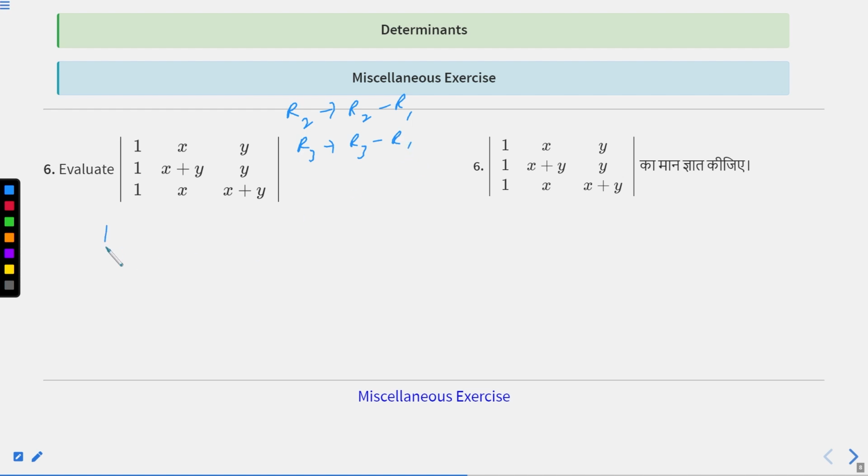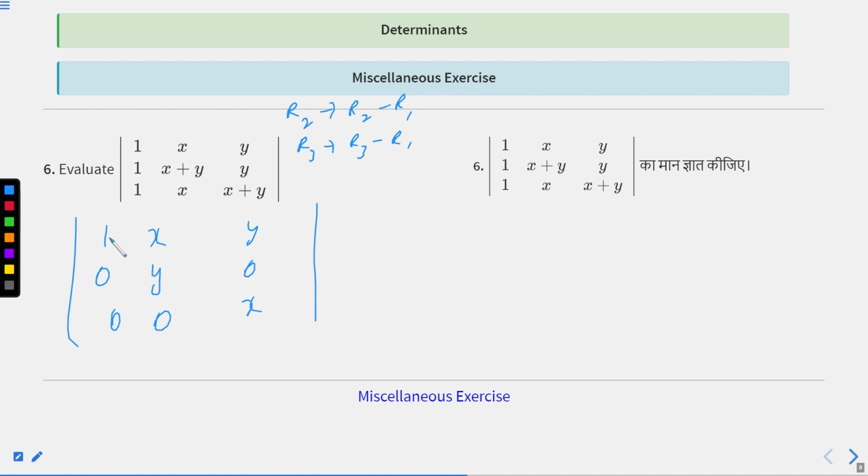The first row will be untouched, but the second and third rows are going to change. So this minus this, you will have 0, 0, 0, and this minus this, you will have x. As you can see, many zeros.